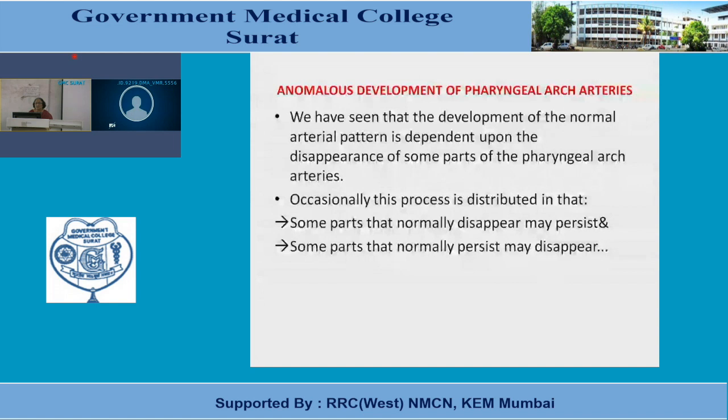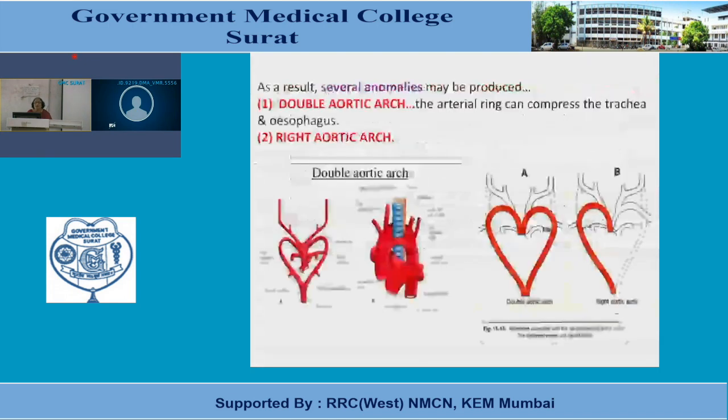Occasionally, this process is disturbed, so that some parts that normally disappear may persist, and some parts that normally persist may disappear. As a result, several anomalies of the pharyngeal arch arteries may be produced, right?